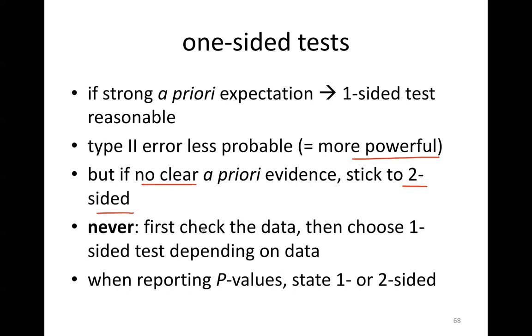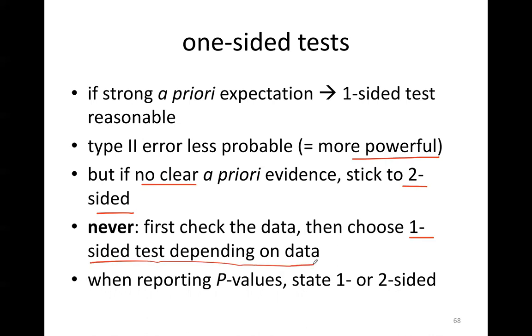And the book also, again, very rightly emphasizes that it would be wrong to first check the data, observe how the data might be deviating from random expectation, and then choose a one-sided test depending on the observed deviation.